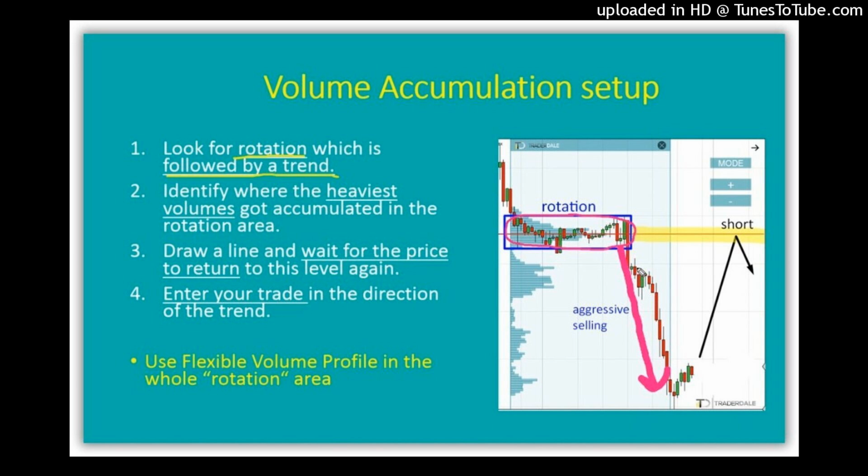The level is already spent. It got tested in here. Alright? So in this case, when the price returns back to the level, you don't trade it. You discard the level. You trade only the first test. Unfortunately, the first one was in here, so you don't trade the second one.